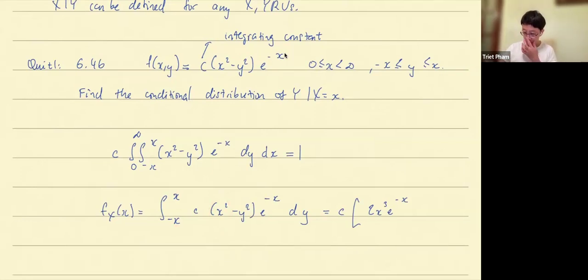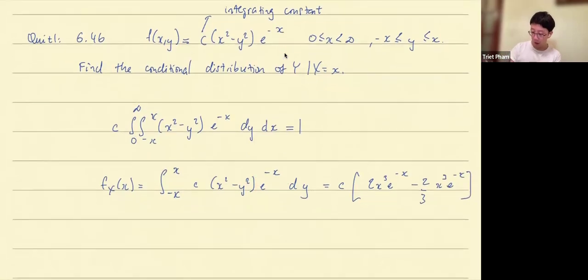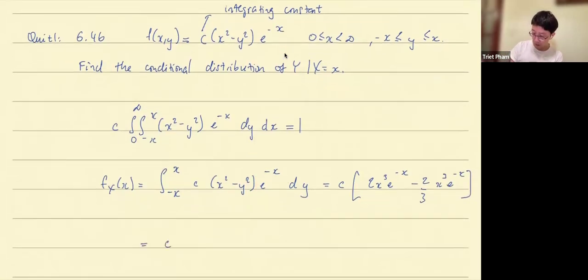The second term, you have to integrate y squared, which is y cubed over 3, over an even interval, so you pick up twice, from 0 to x. So you get 2/3, meaning 4/3.